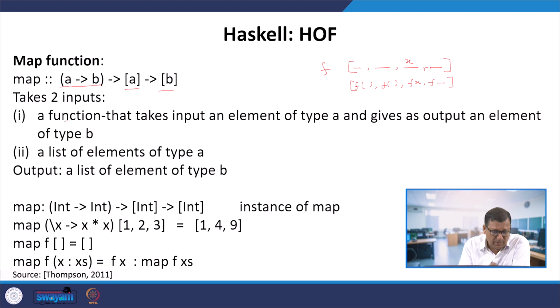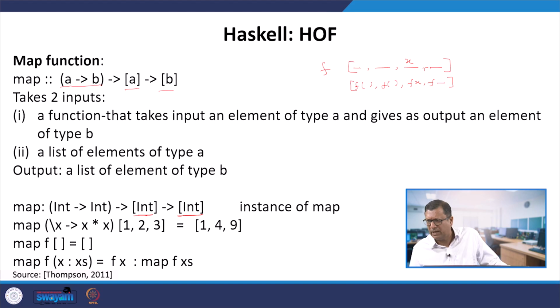So one is this function, another is a list of elements of some type A. So for example, we have a list of integers and the output will be a list of integers. We want to square it, so every element will be squared. That example is sigma summation j square, j equal to 1 to n.